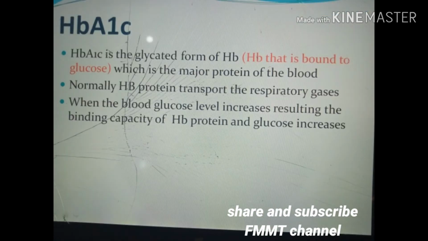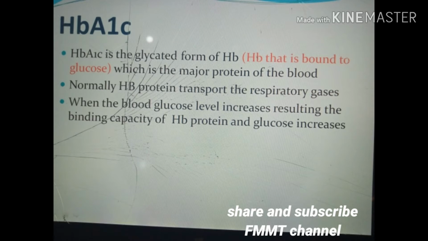So let's first come to know what HbA1c is. Keep in mind that HbA1c is nothing but the glycated form of Hb. Glycated form of Hb is actually the Hb that is bound to the glucose molecule, okay? And Hb is actually the measured protein of the blood, and normally what does Hb protein do?